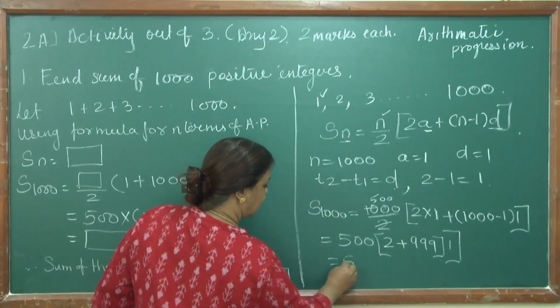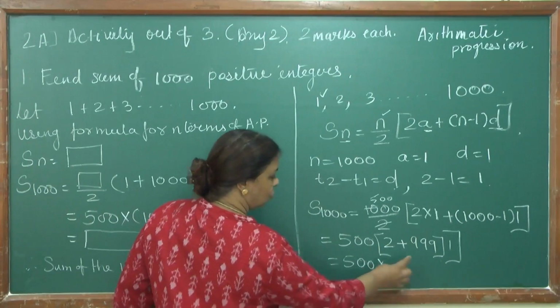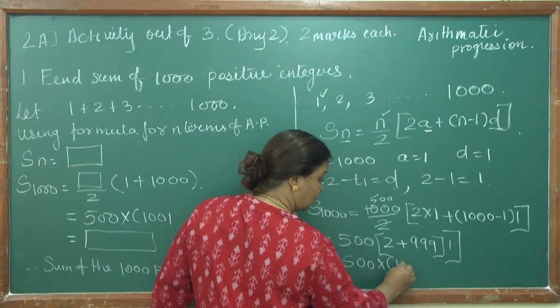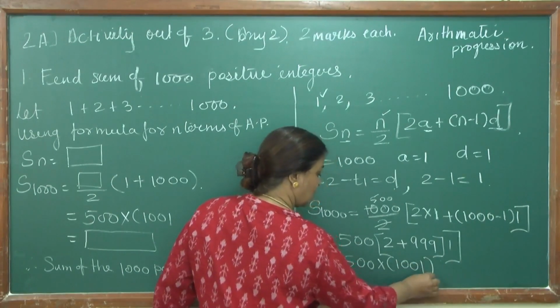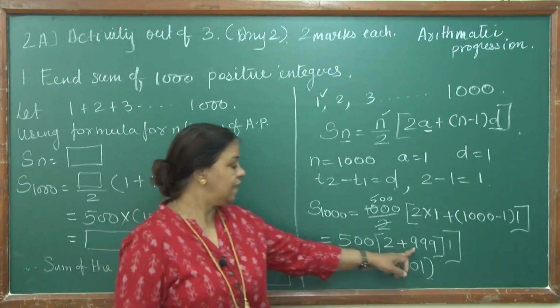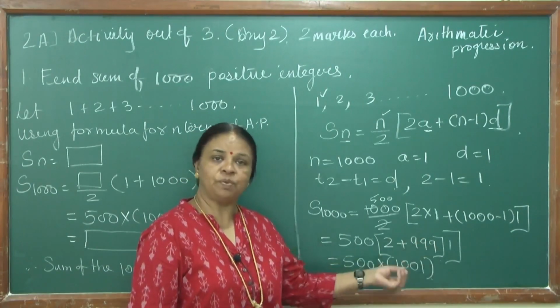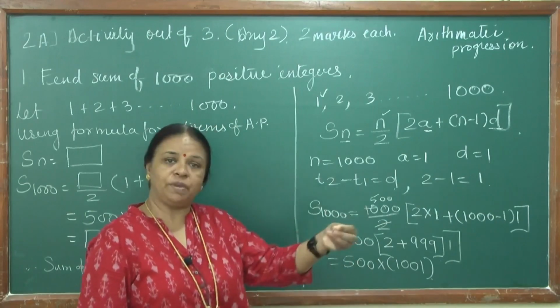So 500 into, 999 plus 2 is 1001. When you add 999 plus 2 it will be 1001. 999 rupees plus 2 rupees is 1001 rupees.